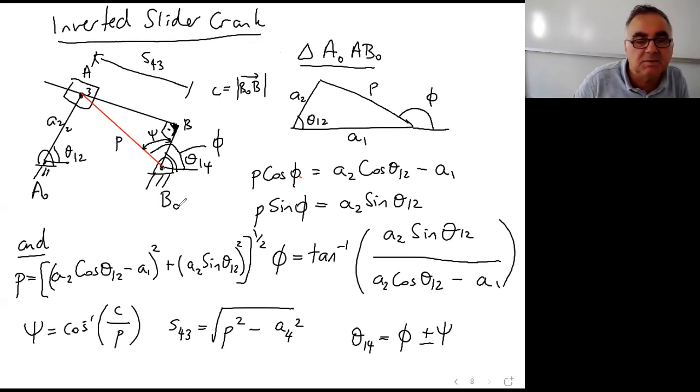Just a second, this is A4. B0B is A4, okay? Okay, this should be not C over P, but rather A4 over P.